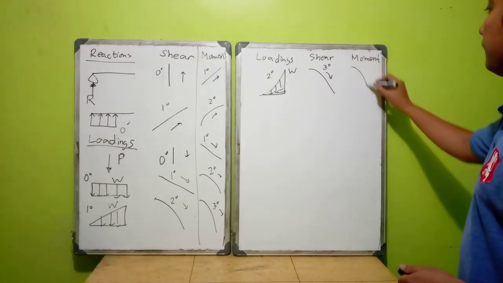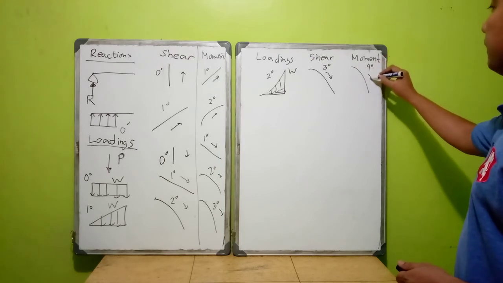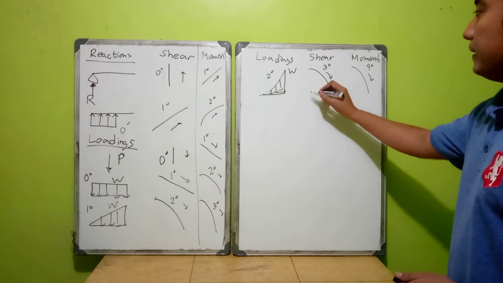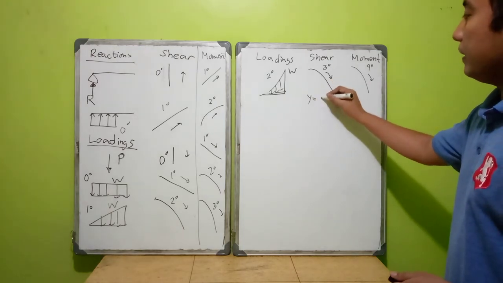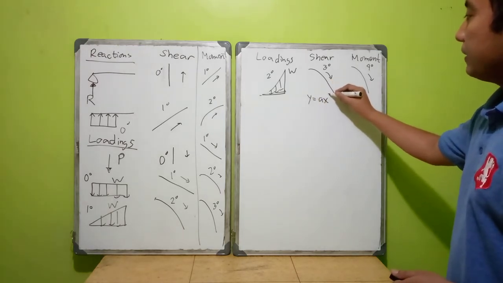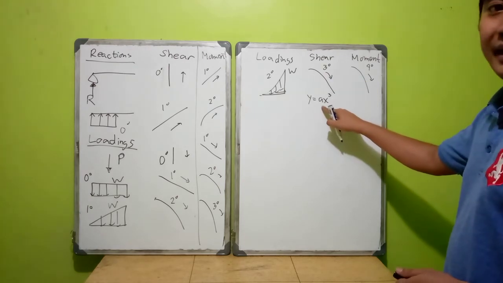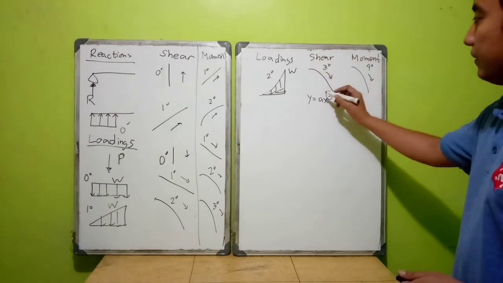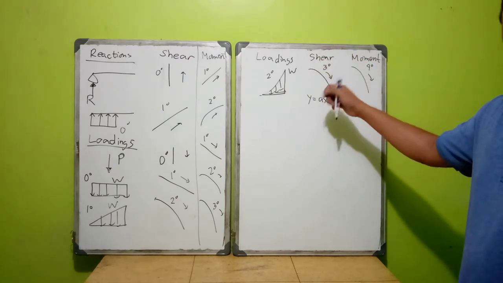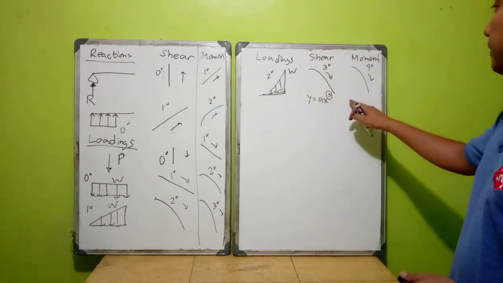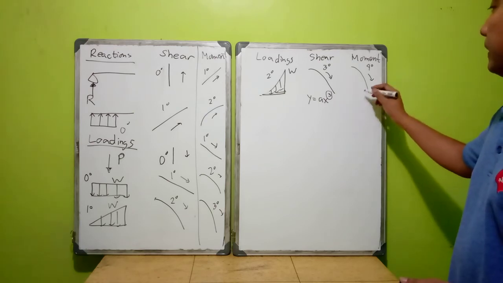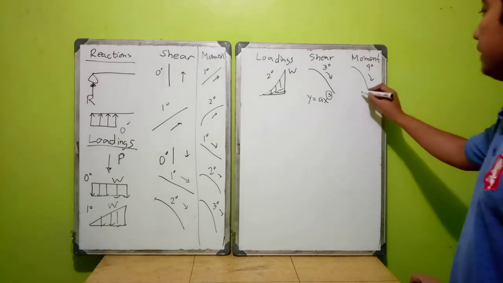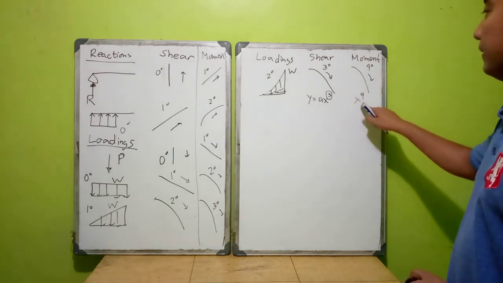For your moment, it will be a 4-degree curve. When we say 3rd degree curve, it is like y equals a x cubed, in which it has a power of 3. Here, because it's downward, your a should be negative. Also for this moment, when it is represented by an equation, it has a power of 4.